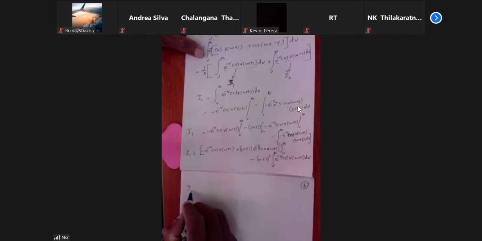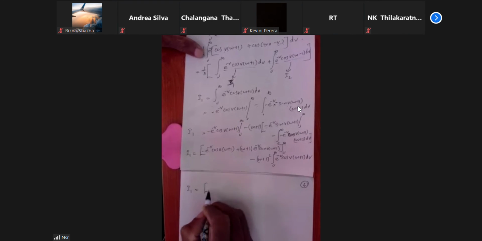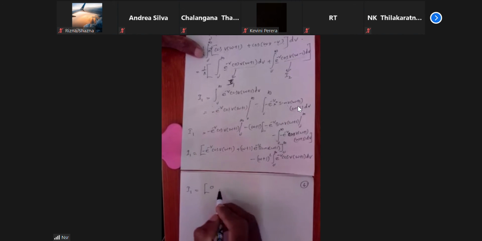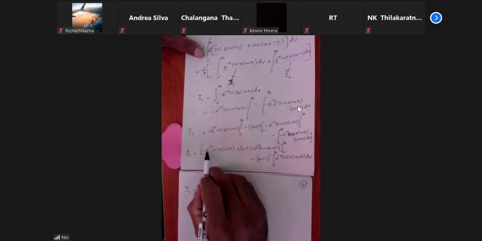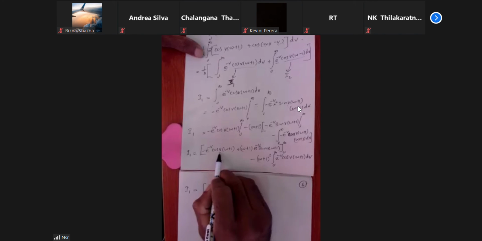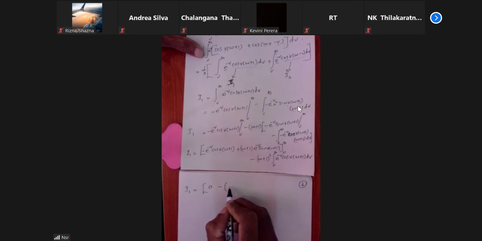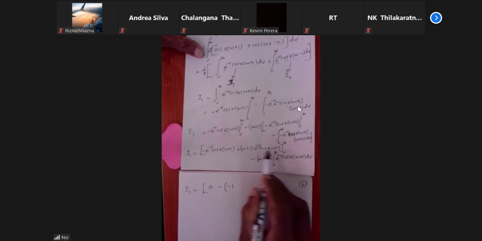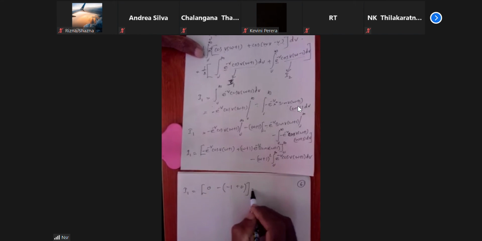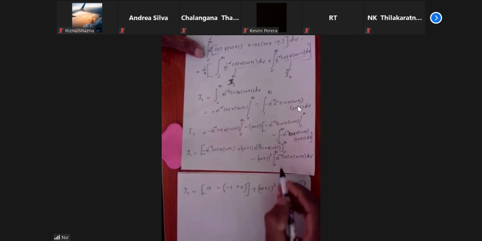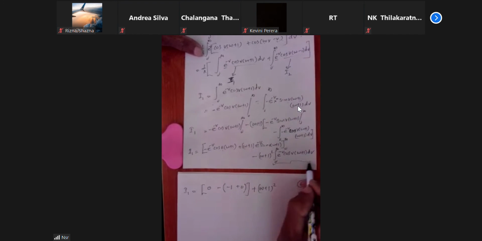Therefore, I1 equal, the first component will come to 0 minus, when you substitute 0, e to the power minus 0 means that is 1, cos 0 means 1, right? That means here minus 1 we have, sin 0 means 0, this is plus 0. Plus, this one means (omega plus 1) square, the entire component means again I1.